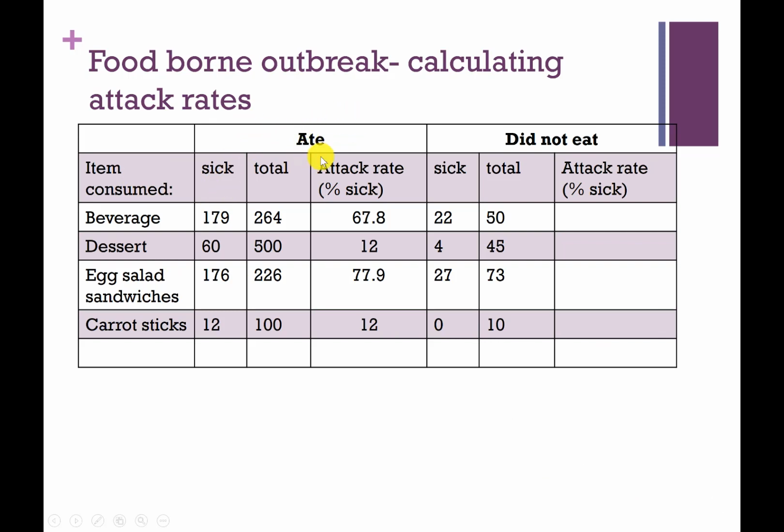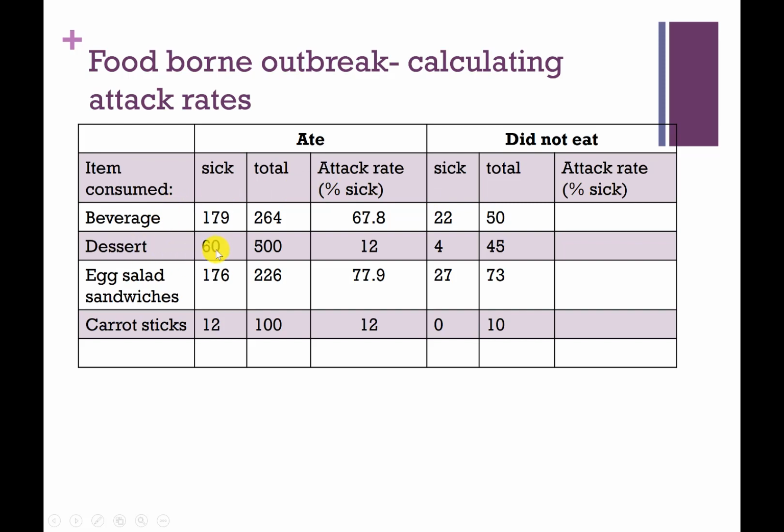So these are people who actually ate those foods and people who did not eat the foods, right? So 179 people here drank the beverage, okay? And it seems like 149 of those who drank the beverage became sick. 22 people did not drink any beverage, and these are sick as well, okay?